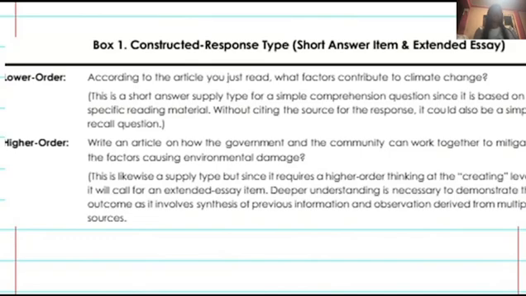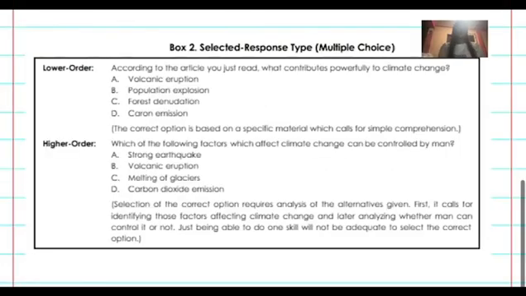So deeper understanding is necessary to demonstrate the outcomes as it involves synthesis of previous information and observations derived from multiple sources. Next is the select response type or the multiple choice. So for the lower order thinking skills, according to the article you just read, what contributes powerfully to climate change? So there are 4 choices, A, B, C, D. For the higher order thinking skill, which of the following factors which affect climate change can be controlled by man?